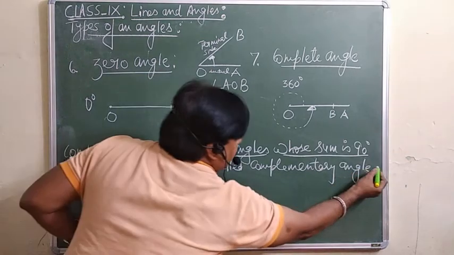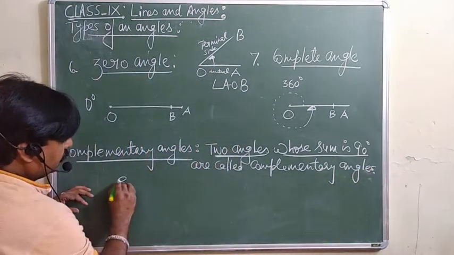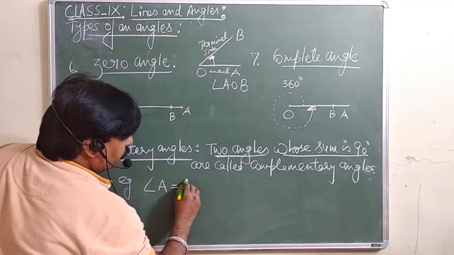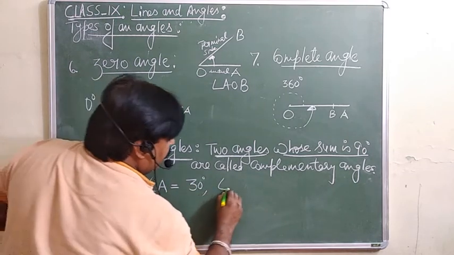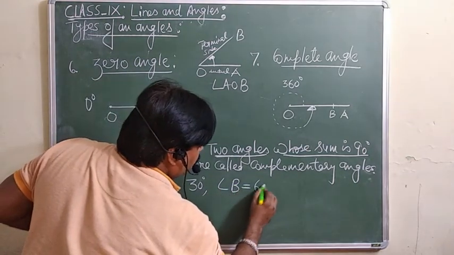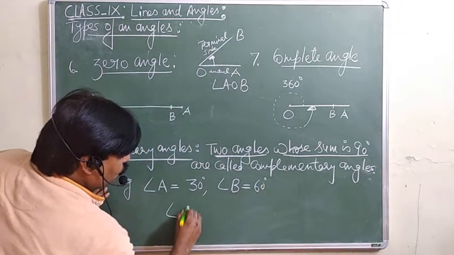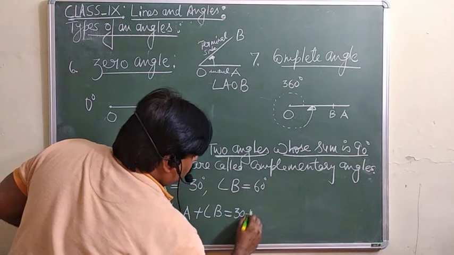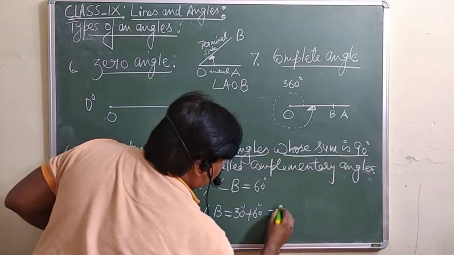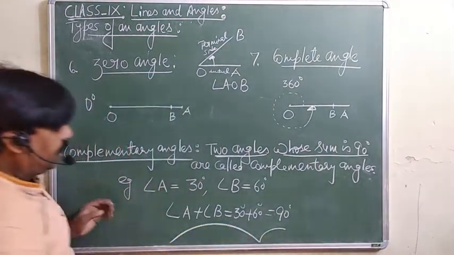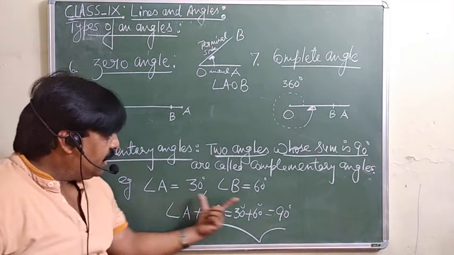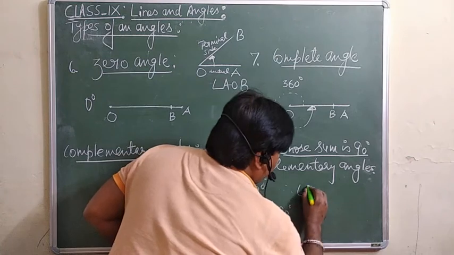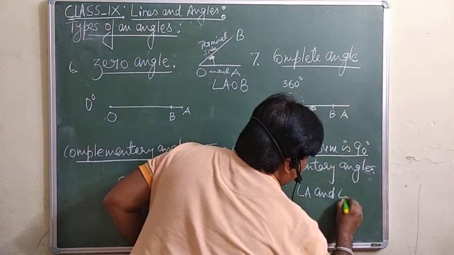For instance, suppose angle A I am taking is equal to 30 degrees, and angle B is equal to 60 degrees, and the sum of these two angles, angle A plus angle B, is equal to 30 plus 60, which is equal to 90. So the sum is coming 90. It means you can say angle A and angle B are complementary angles.